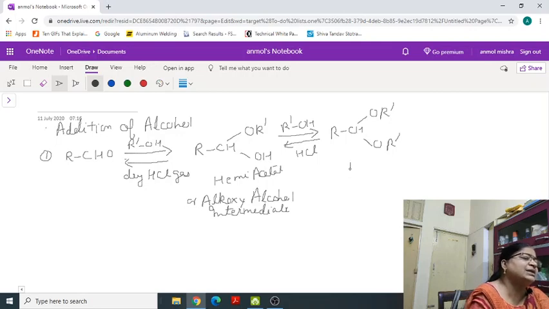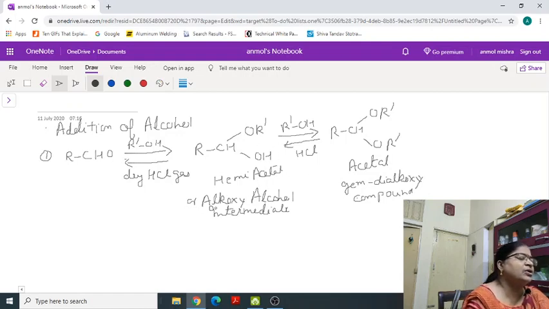It forms acetal and called as gem dialkoxy compound. So this is hemiacetal, OR group is added here, also called alkoxy alcohol intermediate, and second molecule of alcohol combines, it forms acetal.